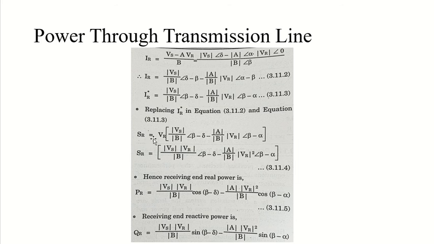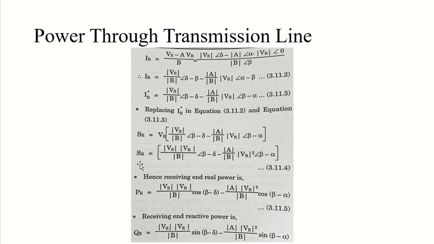VR we already know, and we will keep VR as it is, and we'll substitute the value of IR star here. By doing that we will get SR is equal to Vs VR divided by B angle beta minus delta, minus A by B VR square, because we already had a VR and VR got multiplied with itself again, so VR square angle beta minus alpha, right? So that is my receiving end apparent power.